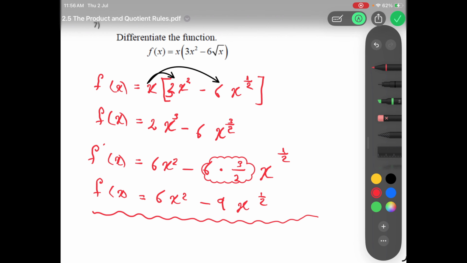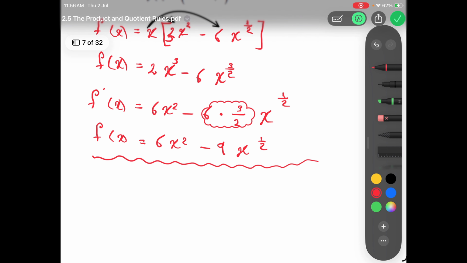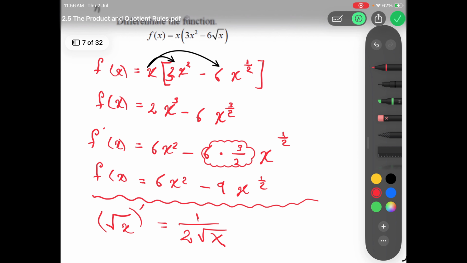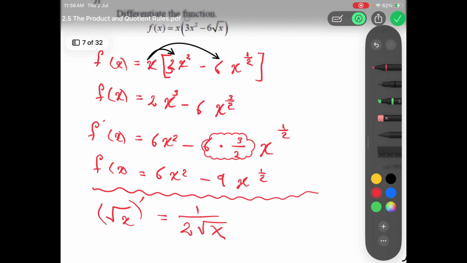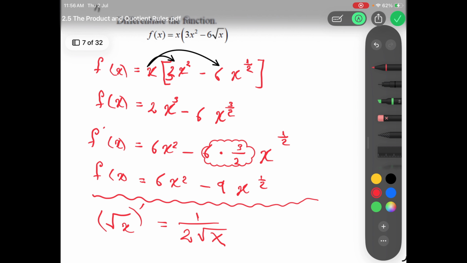What we can do else, we can apply the product rule, taking in consideration that the derivative of radical x equals 1 over 2 radical x.